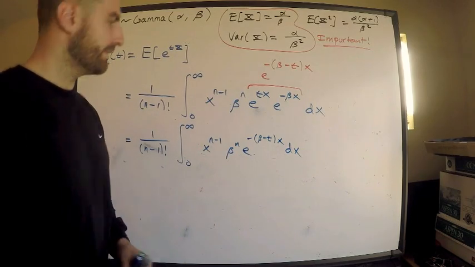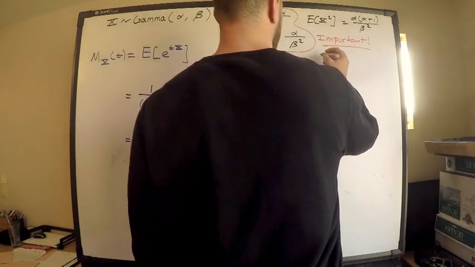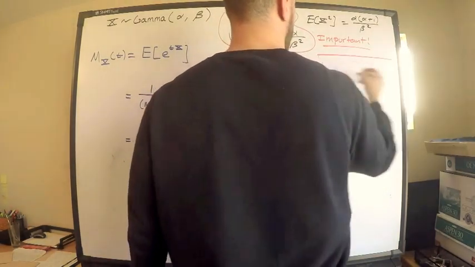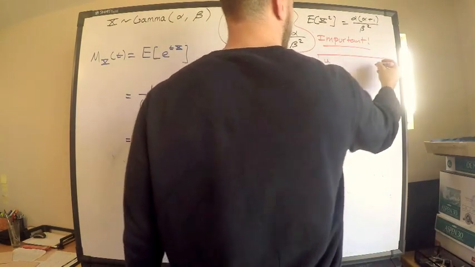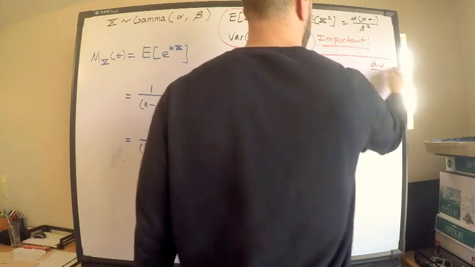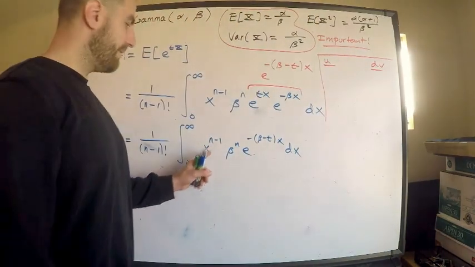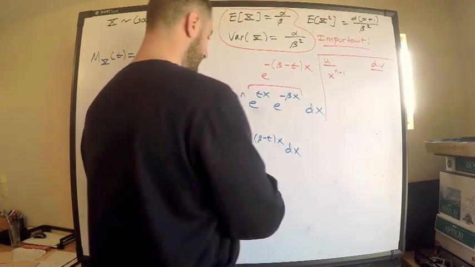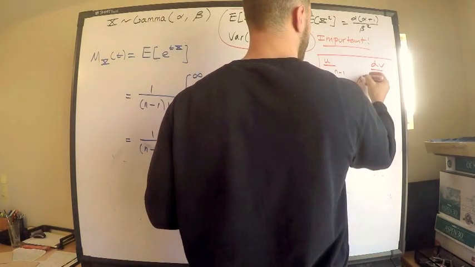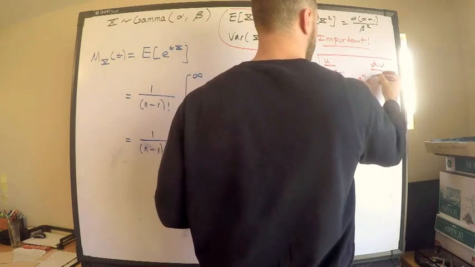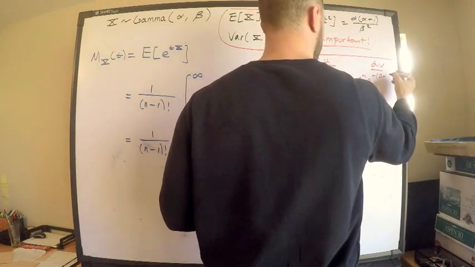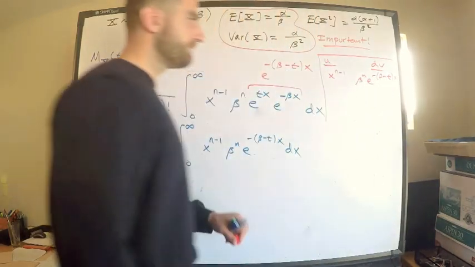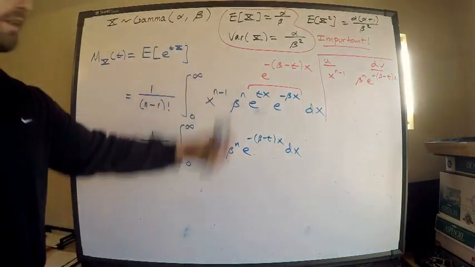Tabular method once again. So u and dv. U is almost the same, x to the n minus 1. And dv is this business: beta to the n, e to the negative beta minus t, x. Take some derivatives on the left-hand side.